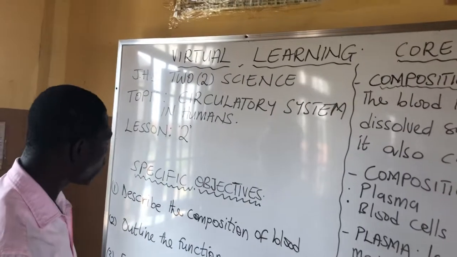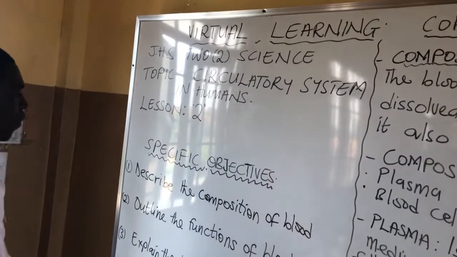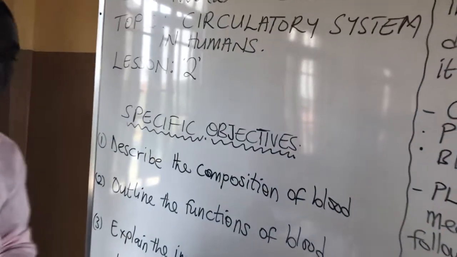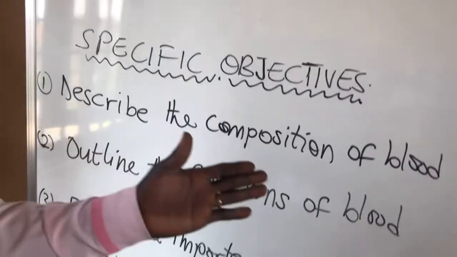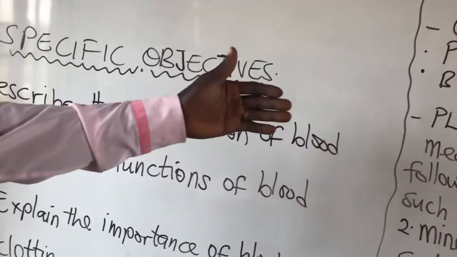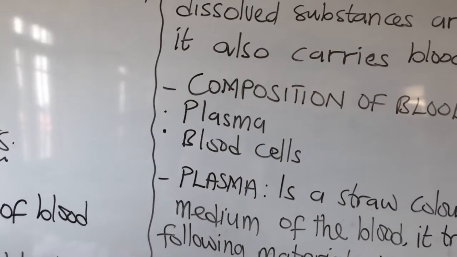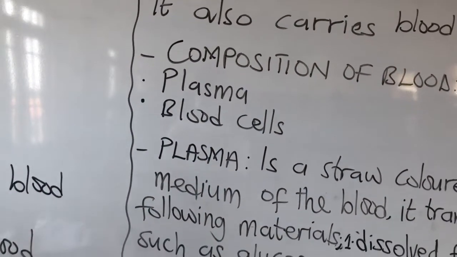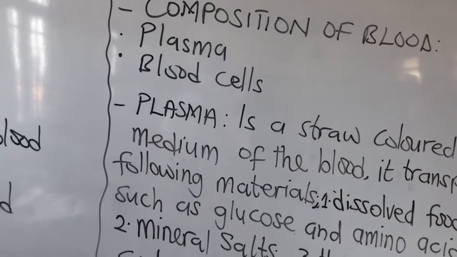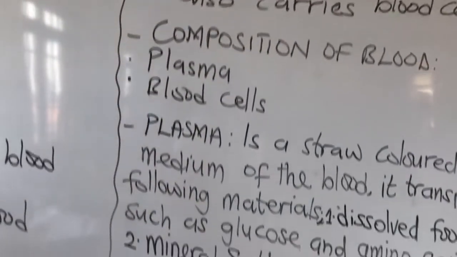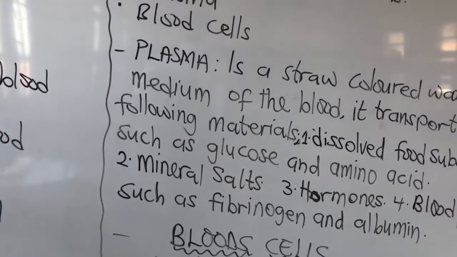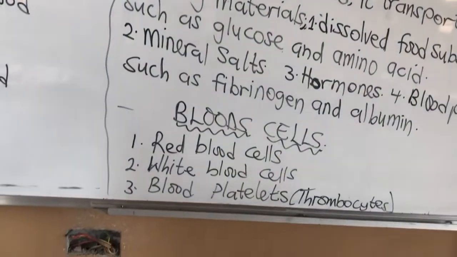So we've been able to look at the following objectives for the day. We've seen that the composition of blood is made up of the blood plasma and the blood cells, and we've also seen the types of blood cells, the three main types, which are the red blood cells, the white blood cells, and the blood platelets or thrombocytes.